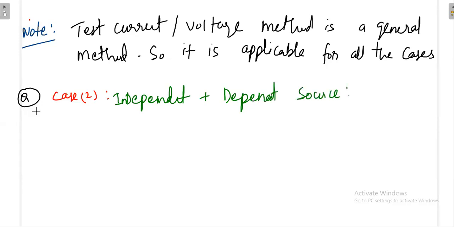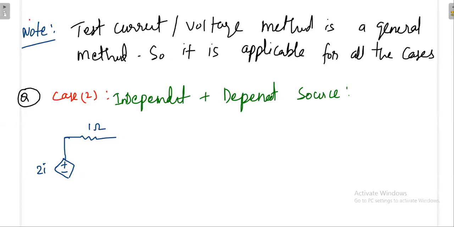So first see, this voltage source is called a dependent voltage source, that depends on the current. So this is a current dependent voltage source.